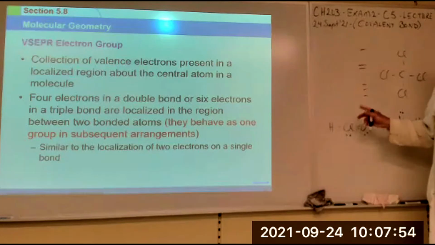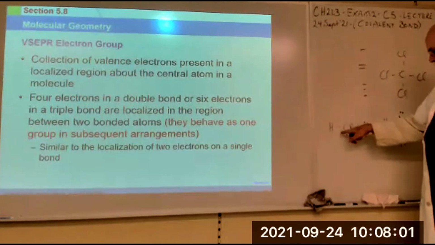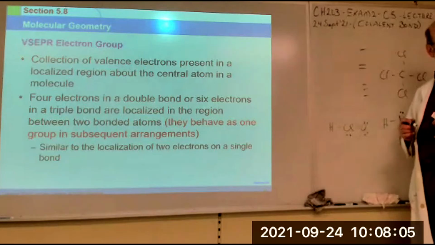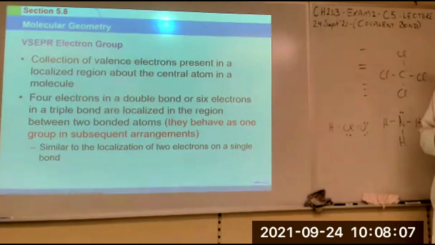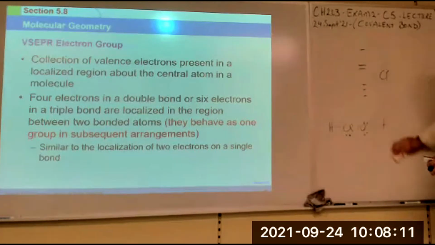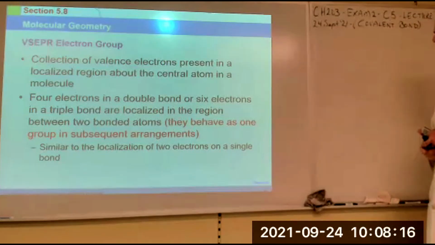We count the doubles as one group. Around the oxygen, there would be 1, 2, 3. And around the hydrogens, just 1. Okay, for counting purposes. All right. So now that we know how to count electron groups, what do we do with them?